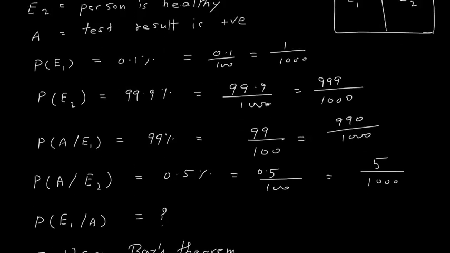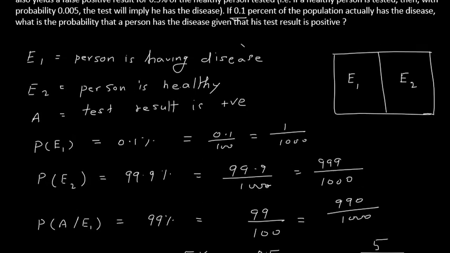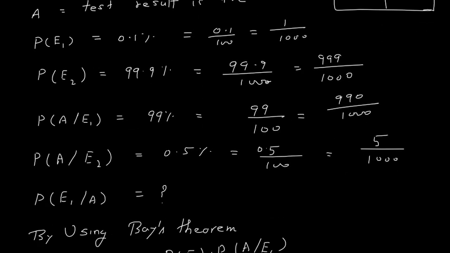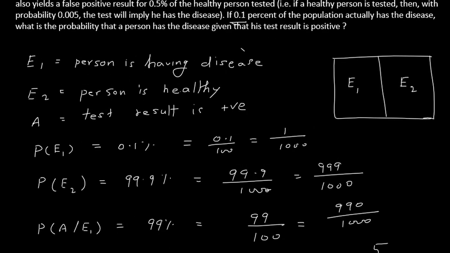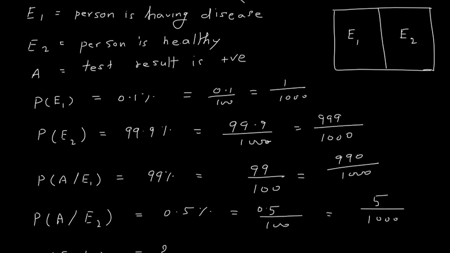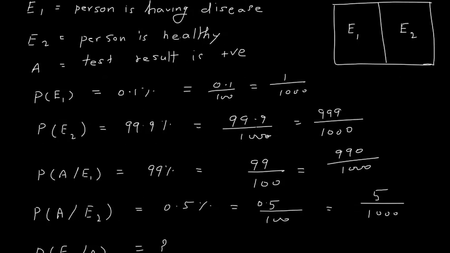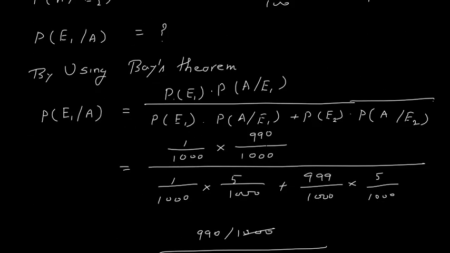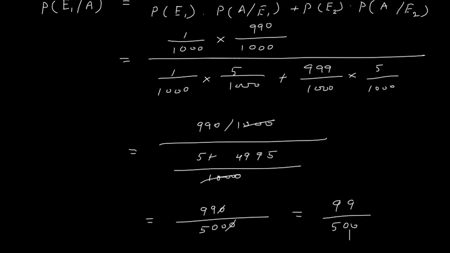Probability that a diseased person is getting a positive result is 99 divided by 100, that is 990 divided by 1000, that is also okay. And A divided by E2, the person is resulting in a positive test when he is not having disease, so A divided by E2 is 5 divided by 1000. So everything is perfect.